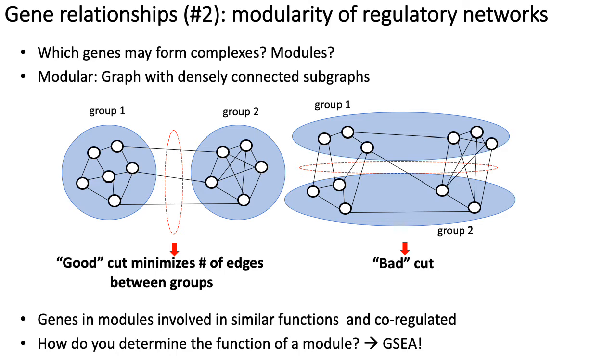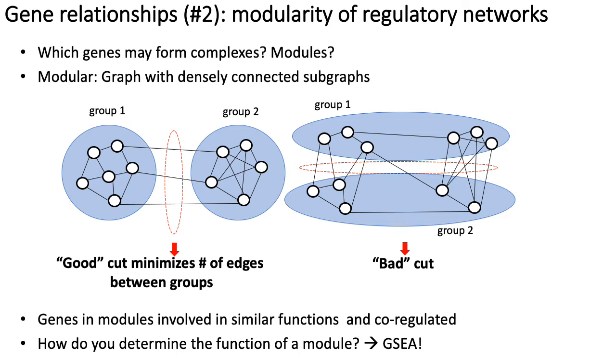So the two graphs on this slide, on the left and the right, actually represent exactly the same graph. The only difference is that I've proposed two different groupings of the nodes, where each grouping is defined by either a blue circle or blue ellipse.